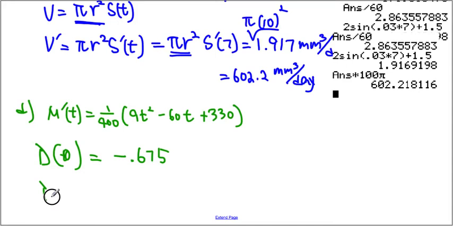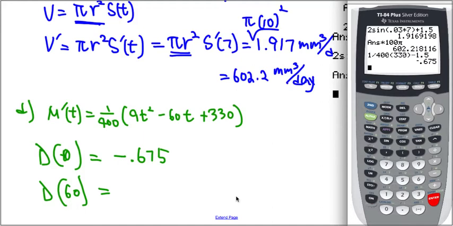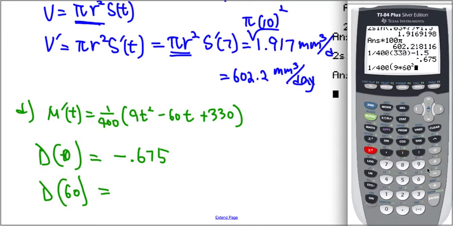But let's try to check up on the last day, D of 60. Using the calculator once again, we have 1 divided by 400 times 9 times 60 squared minus 60 times 60 plus 330.